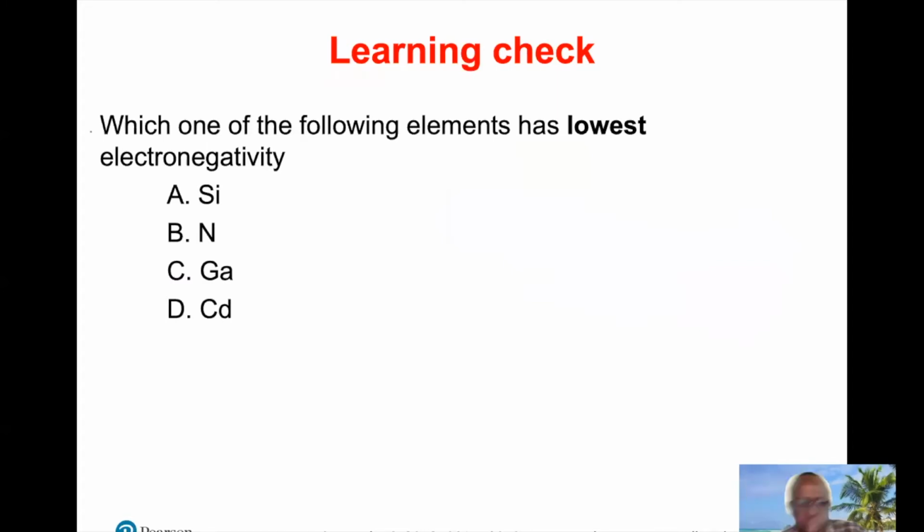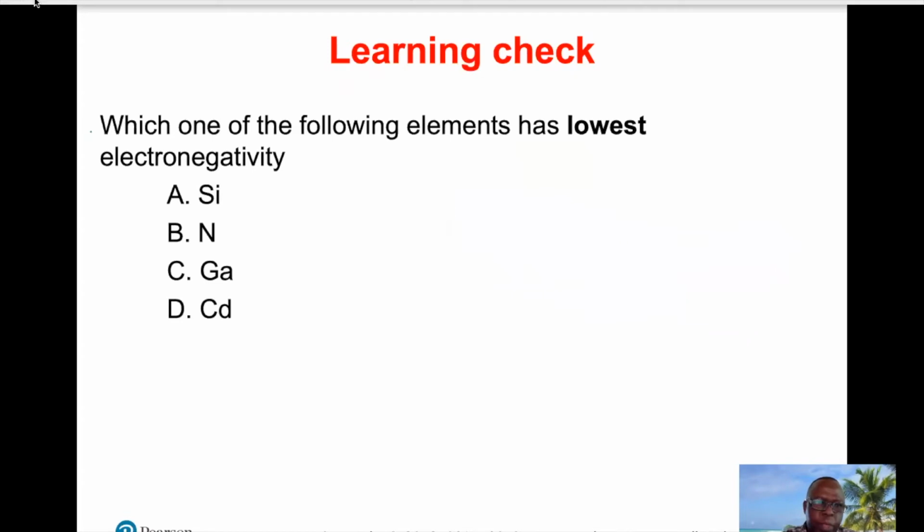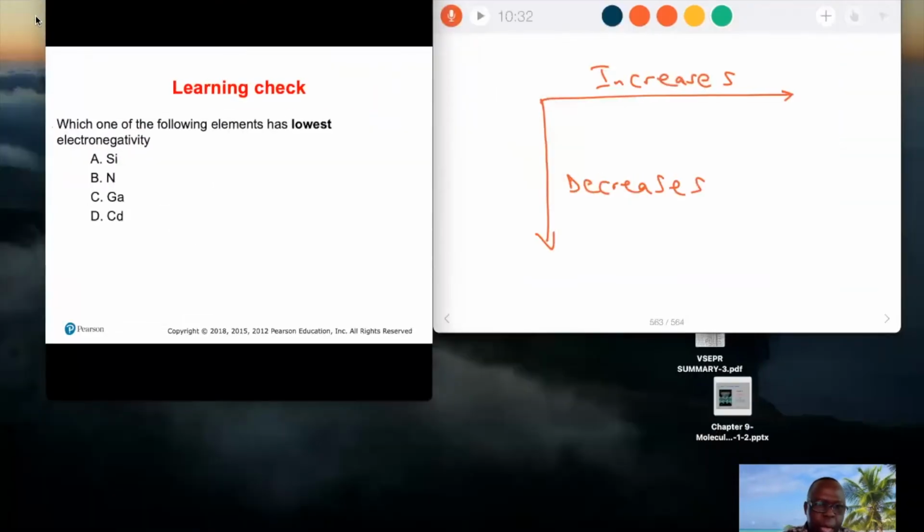If I'm not given the electronegativity values, you have to eyeball where each of these elements is on the periodic table, and then tell which one has the lowest electronegativity value.